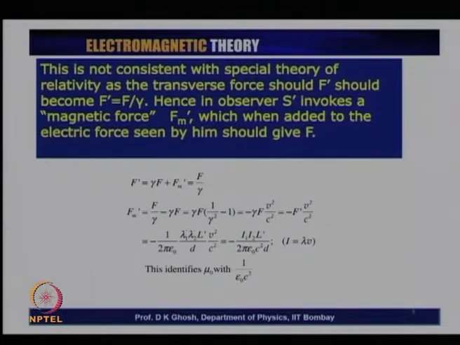If there is a transverse force F in frame S, the frame S prime should experience F by gamma, and indeed the force that our observer S prime will measure should be F by gamma, but he calculates gamma F. So, what he realizes is that, in addition to the electric force that he has calculated, because in his frame of reference there are moving charges, he invokes the presence of a magnetic force.